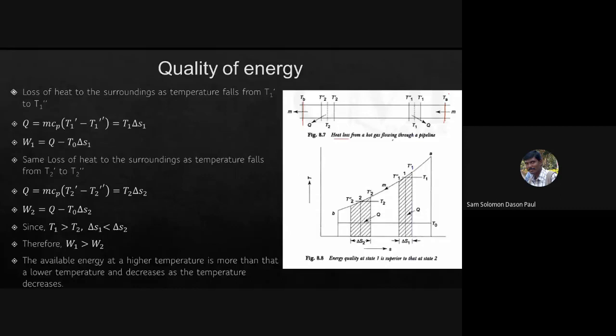For example, just for your understanding, for convenience sake, let me say it is entering at 100 degrees centigrade. When it comes somewhere over here, it becomes 80. When it comes here, it becomes 60. Then when it comes here, it becomes 40. And then when it leaves, it is at 30.